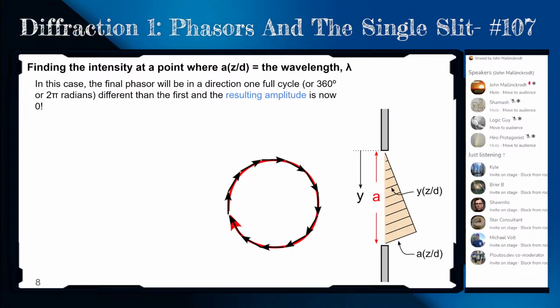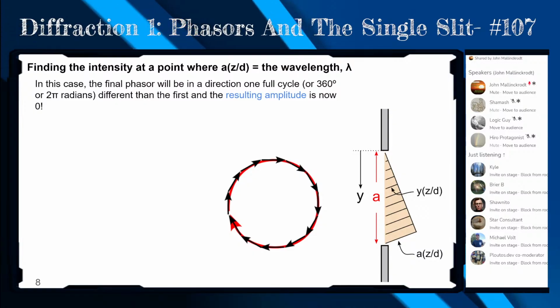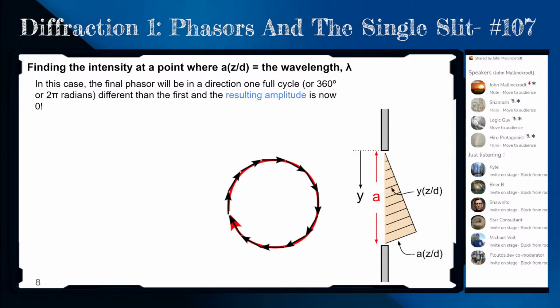And what that looks like when you draw the phasor diagram is you have a set of phasors now that start in some direction and end in the same direction, having gone through all possible directions in between. You still have the red line, the same length as it always is. It's the sum of the lengths of all the phasors.